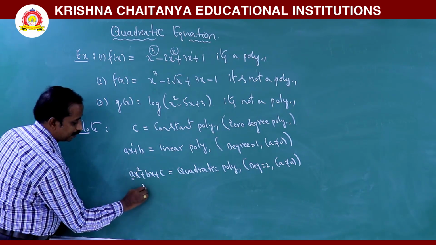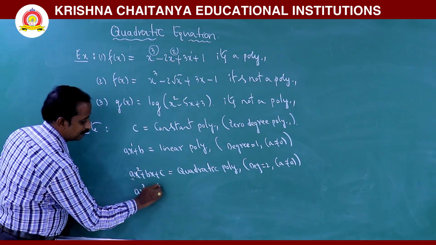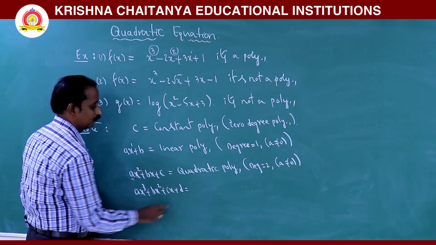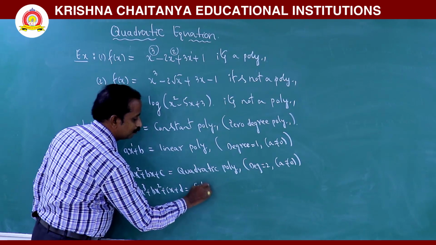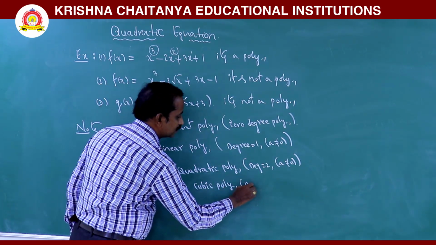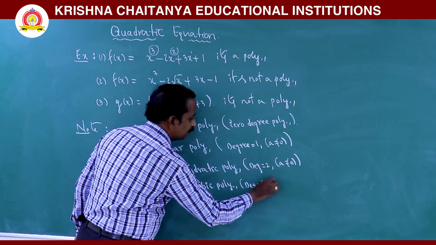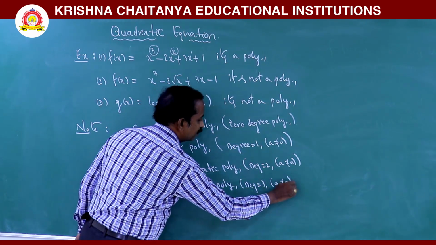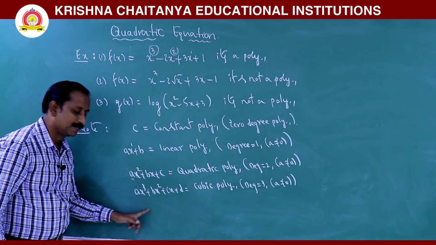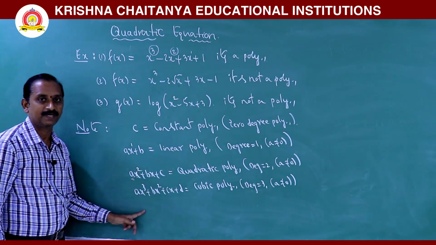Next, ax cube plus bx square plus cx plus d, we call it a cubic polynomial. So cubic polynomial means degree 3 in which the leading coefficient is not equal to 0, and the process will continue up to the nth degree polynomial.